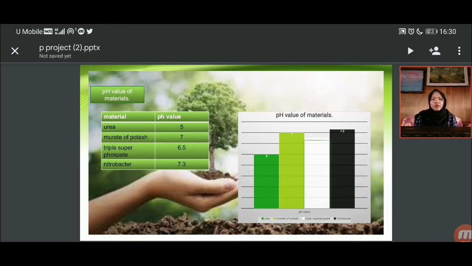Next is triple superphosphate. Triple superphosphate is made from the highest quality rock phosphate and rendered into a form that is easily taken up by plants. It is used to make sugar during photosynthesis and encourage healthy root, flower, and fruit development.